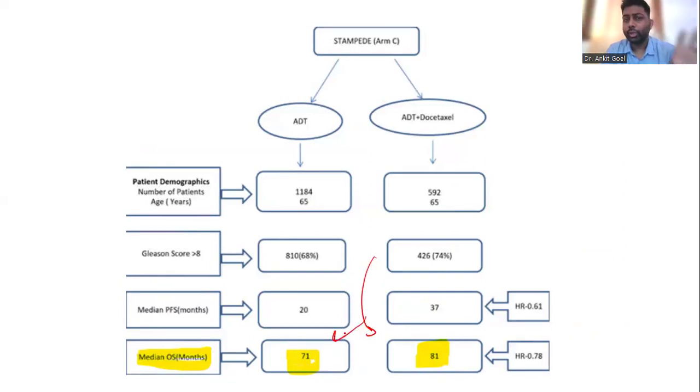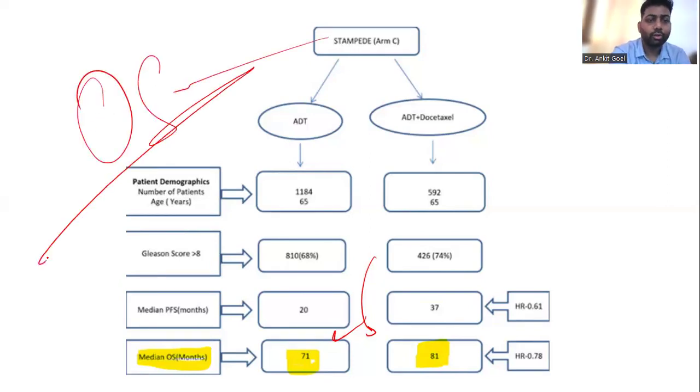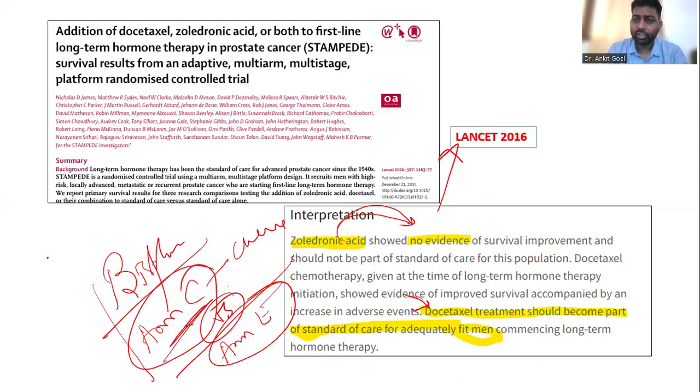So just to quickly recall, the primary objective of the Stampede trial was overall survival. And docetaxel, when added to ADT, improved the overall survival significantly from 71 months to 81 months. So after 2016, ADT with docetaxel started becoming the standard of care.